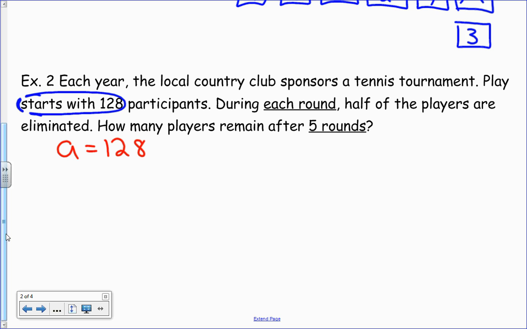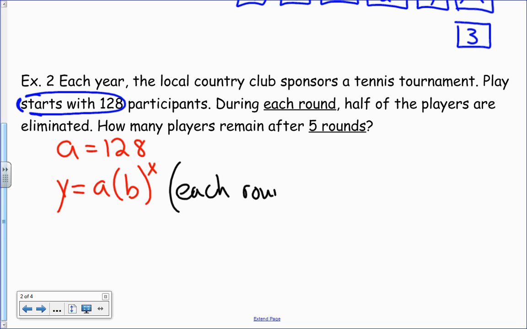All right, so that means that we are using y equals a times b to the power of x because it says each round. That means every one round. Half the players are eliminated. So half, they're going down, they're decreasing. That's decay. So your b value is 1/2 because that's the amount of players eliminated in each round.